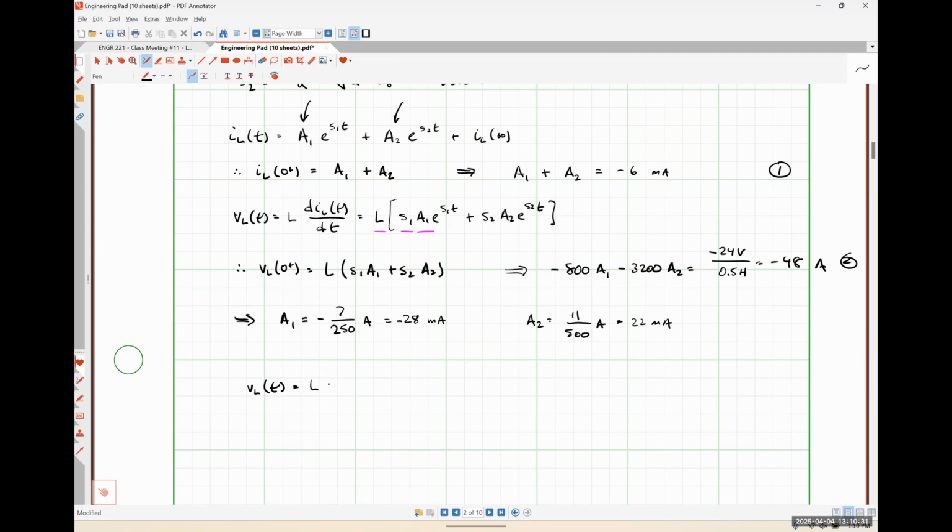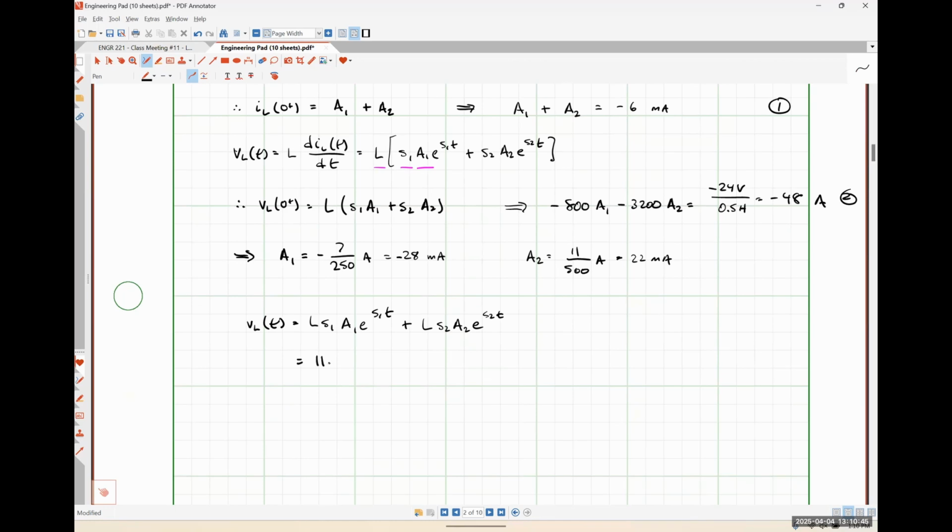VL of t is L S1 A1 e to the S1 t plus L S2 A2 e to the S2 t. I got 11.2 e to the negative 800 t. Now 0.5 times what I have stored as B times what I have stored as Y gives negative 35.2 e to the negative 3200 t volts.